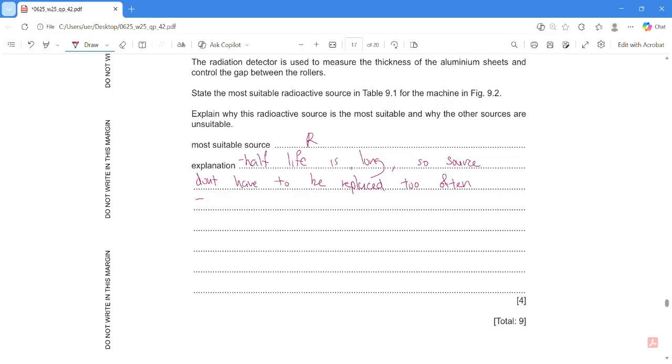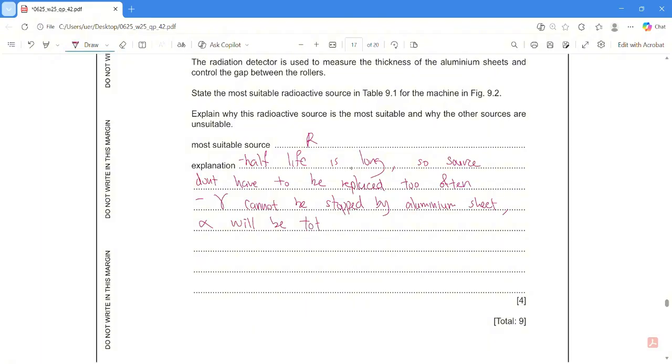So here, let's explain. Gamma cannot be stopped by the aluminum sheet, and the alpha will be totally absorbed by the aluminum sheet.